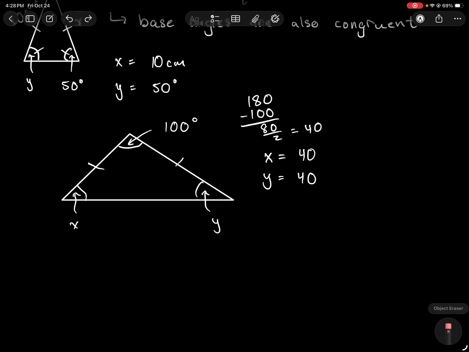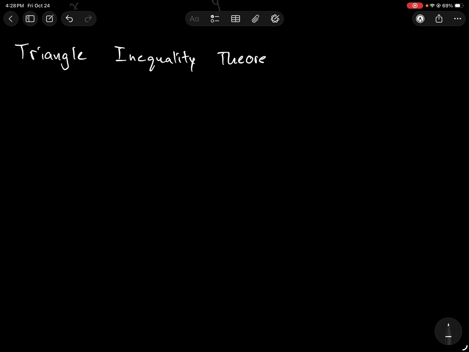Okay, so moving on, we have our triangle inequality theorem. This is a theorem that essentially states whether we can make a triangle.